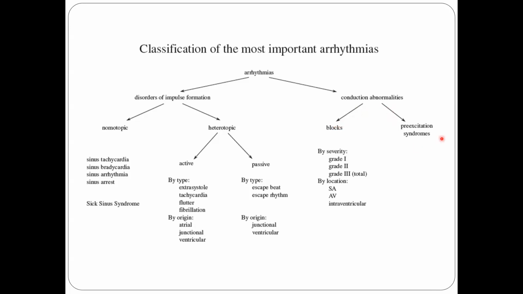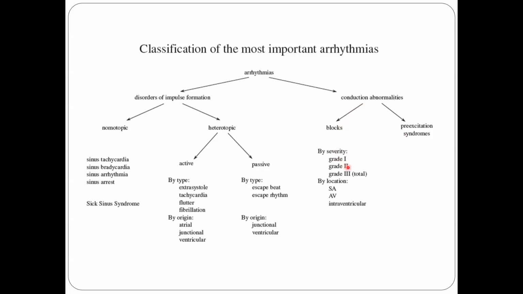In other areas, when we have faster conduction, usually there are accessory pathways, and that gives us what is called pre-excitation syndrome. But first, let's look at blocks, or conduction abnormalities.